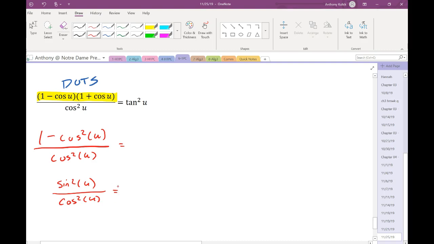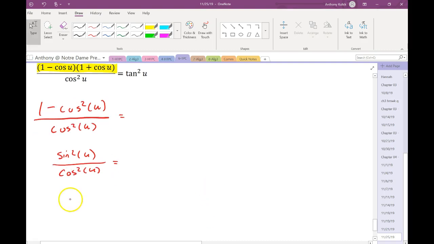Okay. And then we know that sine squared over cosine squared is tangent squared. And that's the other side. That's it.